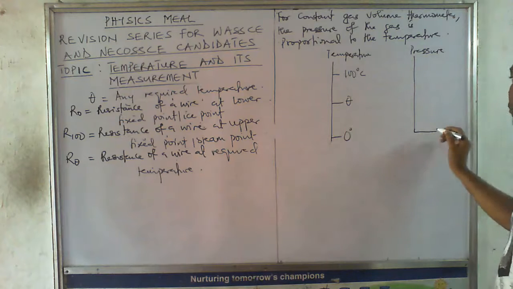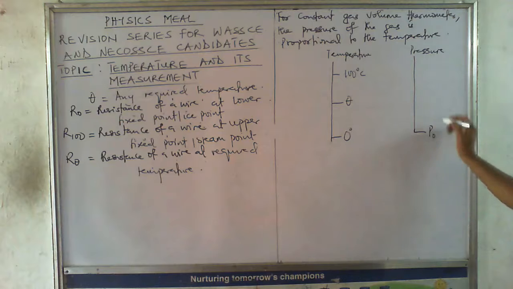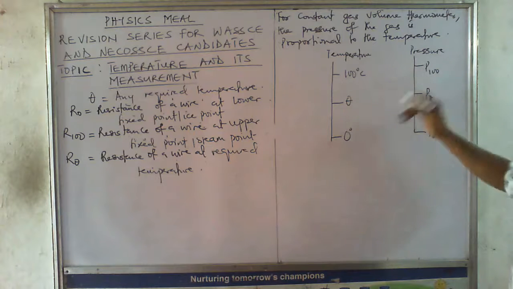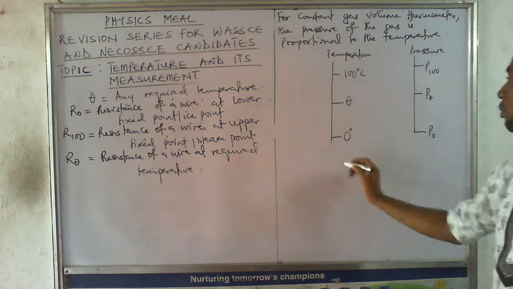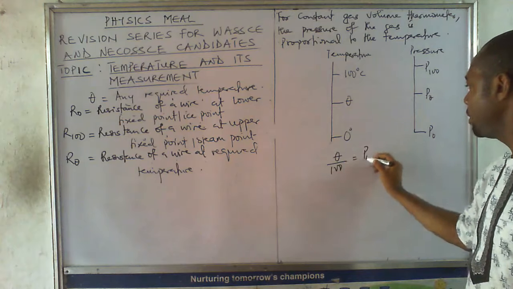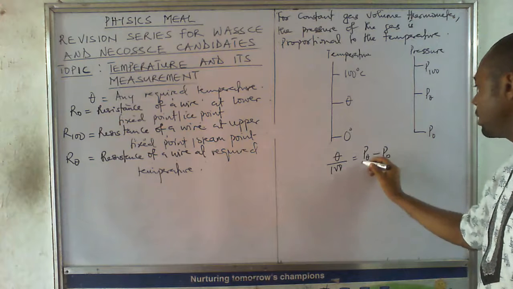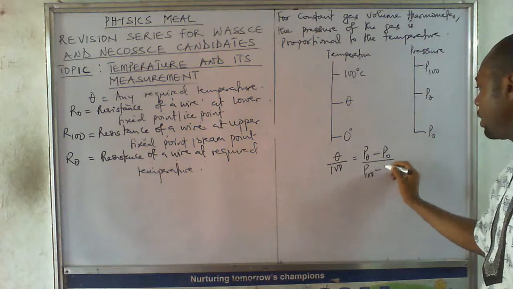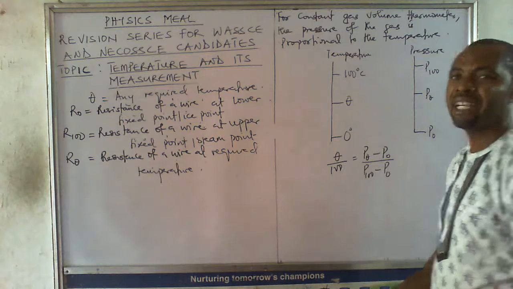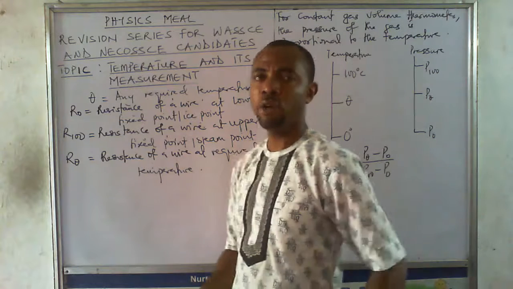Now we have the equivalent pressure: pressure at 0 degrees, pressure at any temperature, and pressure at 100. Applying the same principle again, we arrive at theta over 100 is equal to P theta minus P naught, all upon P100 minus P naught. So that makes it a third expression that we have obtained.